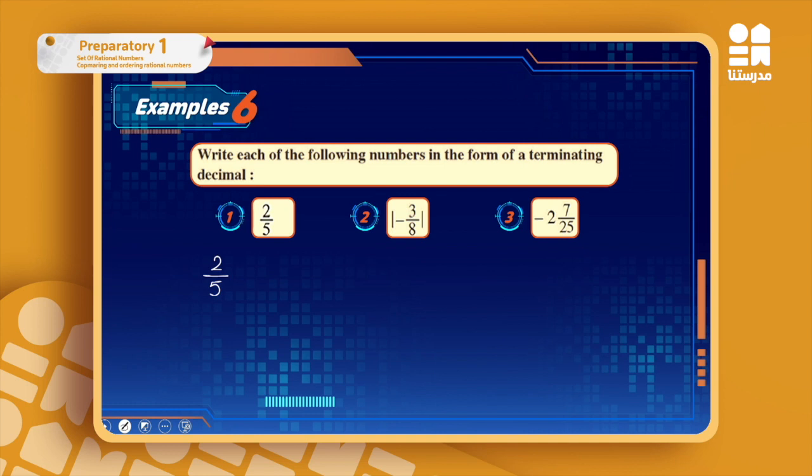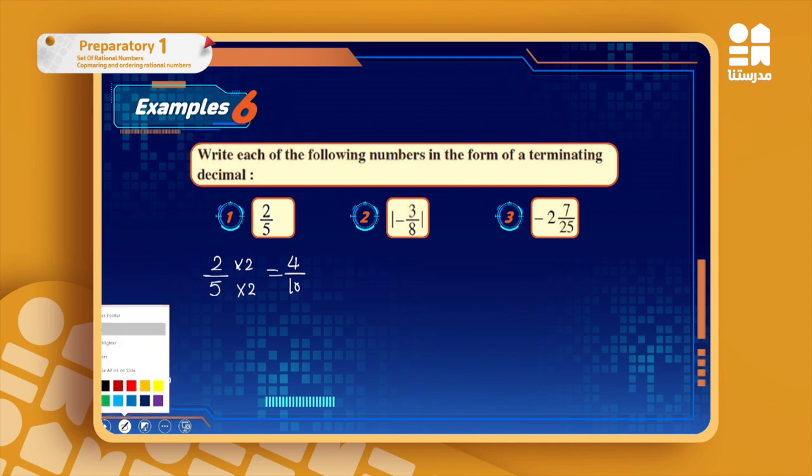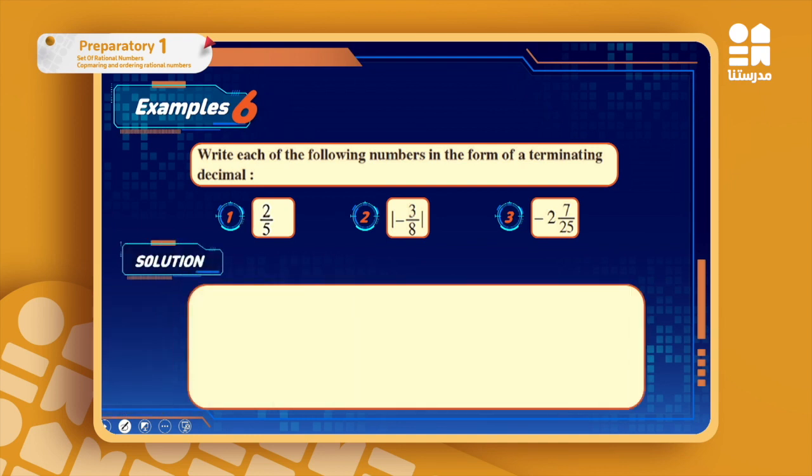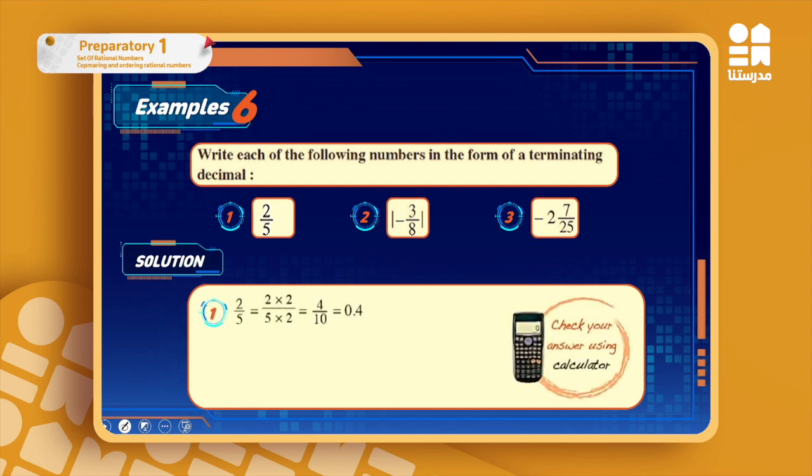Can I convert it to be 10? Yes, of course, by multiplying it by 2 and here also by 2. So it becomes 4 over 10. That's what we need. We have 4 over 10, it has only 1 zero, so 1 decimal place, which is 4, and then 0.4.